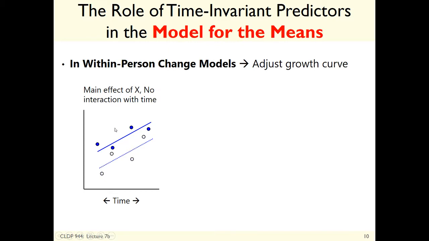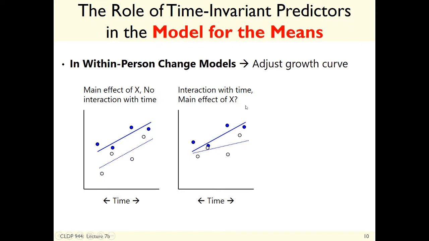A main effect of a time invariant predictor adjusts the intercept. It makes one group higher all the time than the other. If I added an interaction of group with time, I could get a prediction that looks like this: different slopes for different groups.